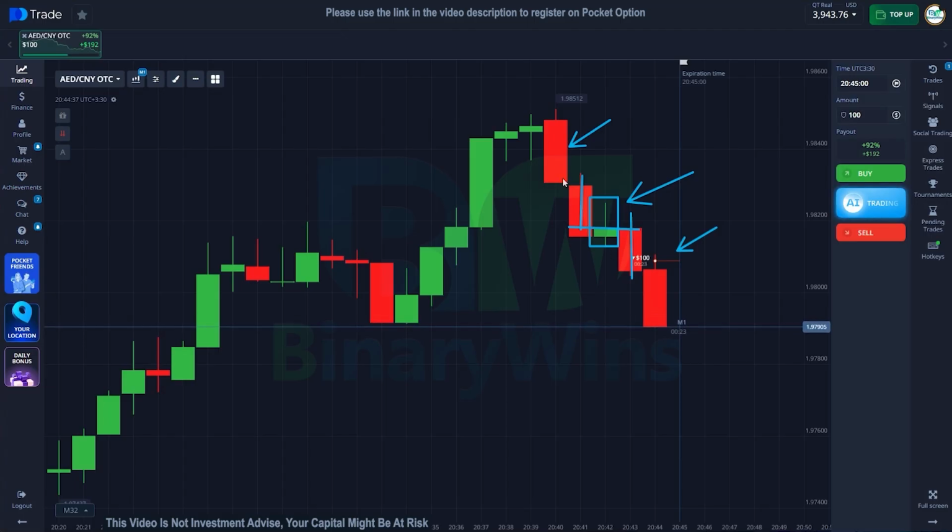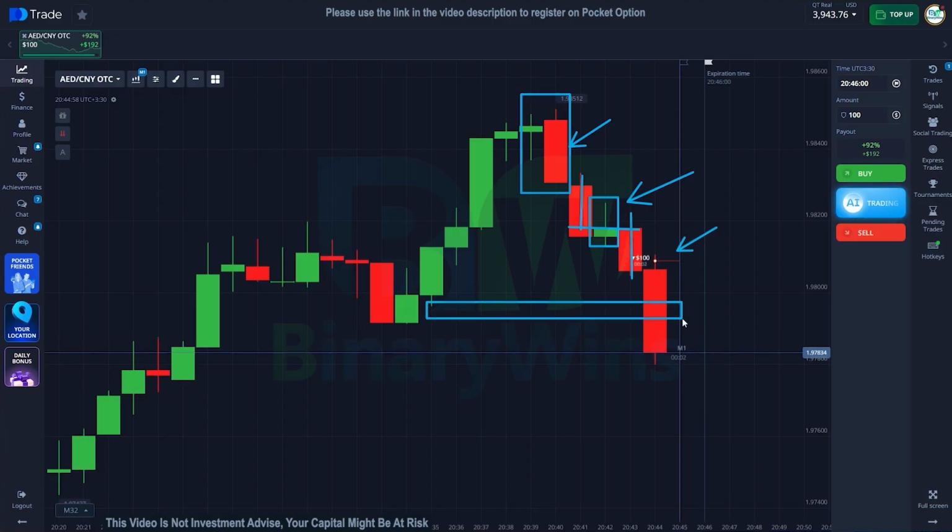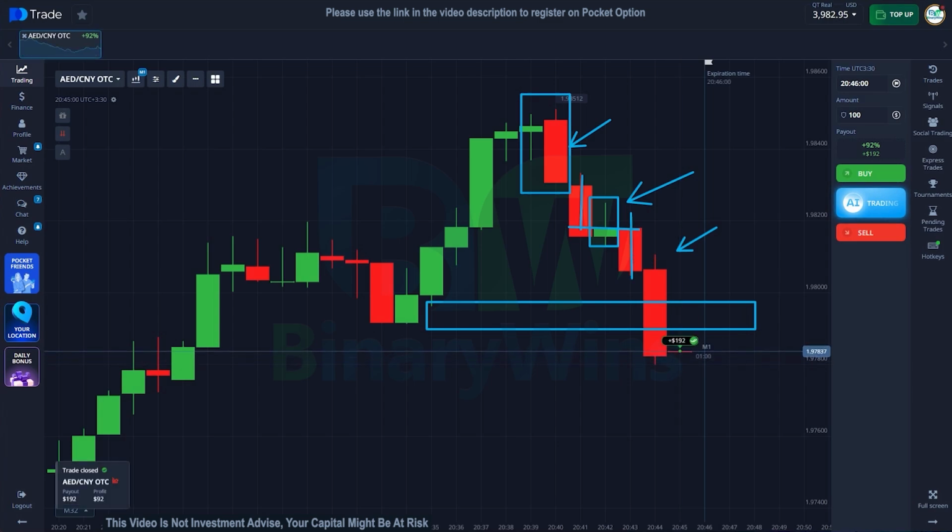But a suitable confirmation instead of momentum is a powerful bearish engulfing pattern, which has formed behind the chair pattern for us. So I entered the lower trade. You can see that the candles have filled the gap to this level.